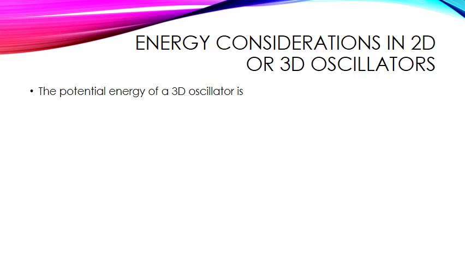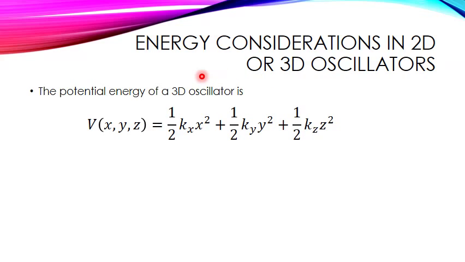How does this relate to our energy considerations? Well, we have potential energy in a three-dimensional oscillator, and the most general representation we can have is one term for the x, one for the y, and one for the z. And how can we guarantee this is an oscillator? We have different spring constants for each coordinate. Well, let's apply our definition of potential energy.